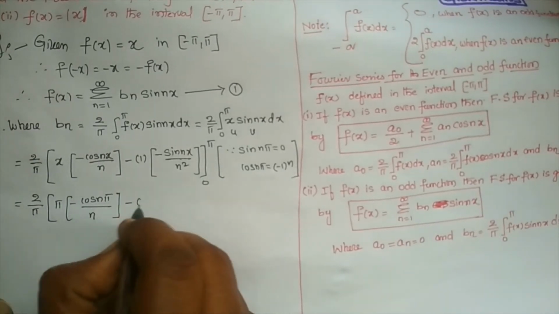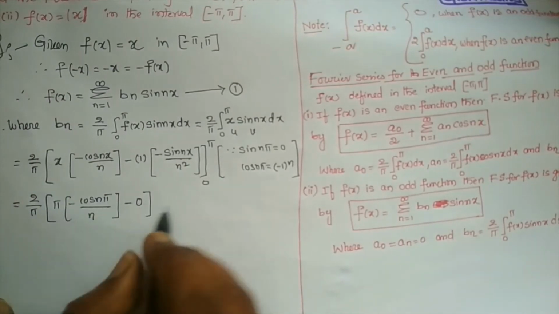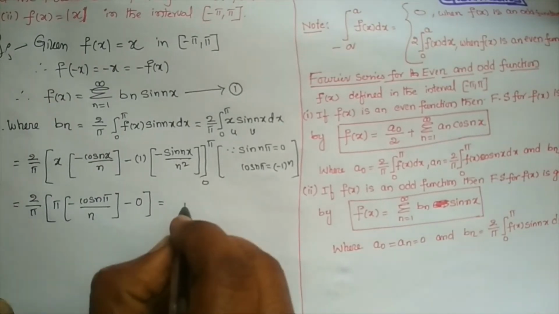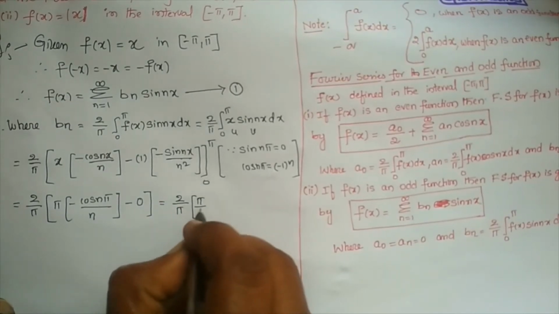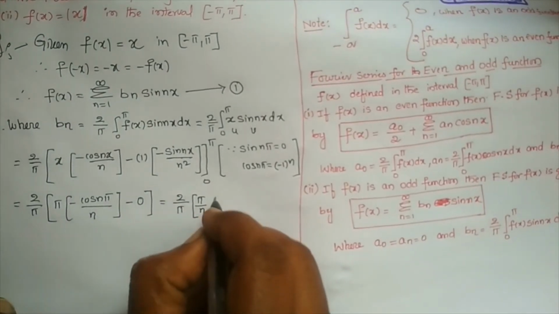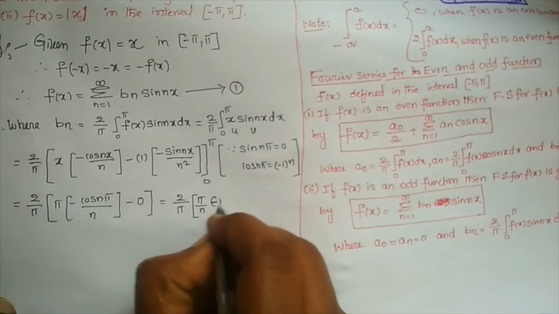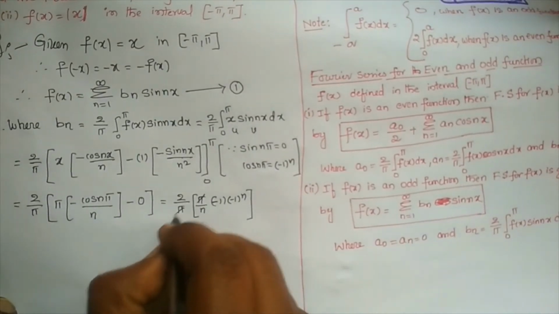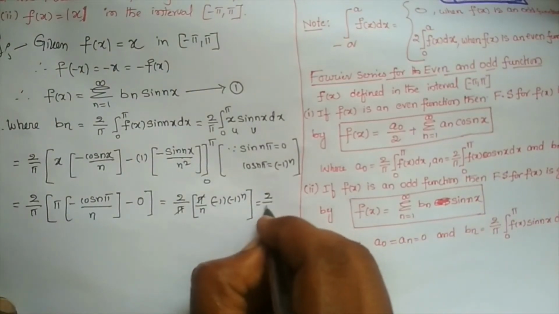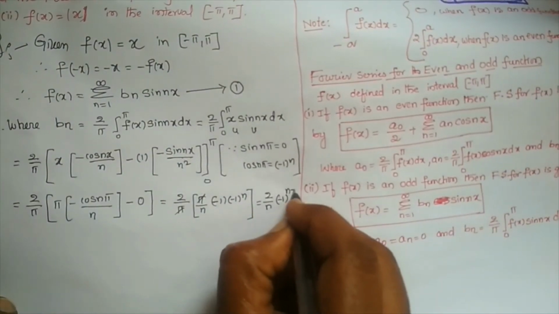The second limit will be 0 because x is multiplying by this one. So this is equal to 2 by pi into pi by n into minus cos n pi, that is minus 1 into minus 1 whole to the power of n. Then pi gets cancelled. So 2 by n into minus 1 whole to the power of n plus 1.